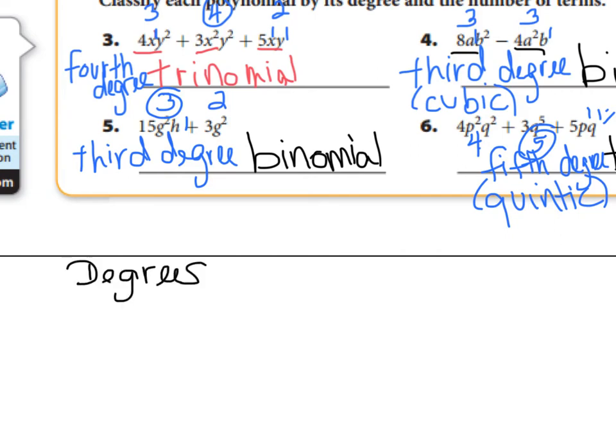If you have just a number, like the number 5, there's no variable with it.